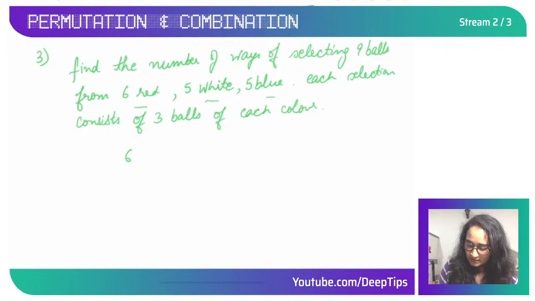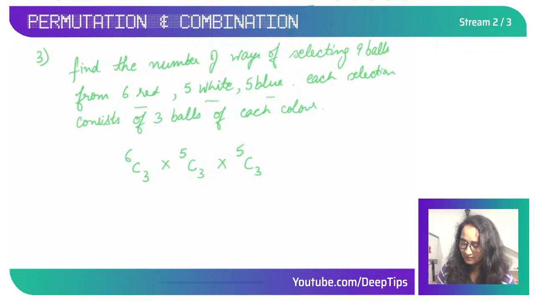From 6 red balls we can select 3, and from 5 white balls we can select 3, and from 5 blue balls we can select 3. Again I am insisting that because we are selecting all 9 balls together from 3 different groups, we are multiplying here.